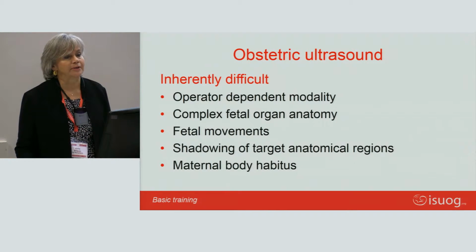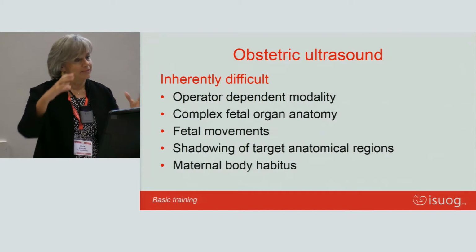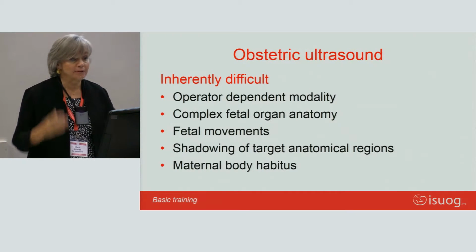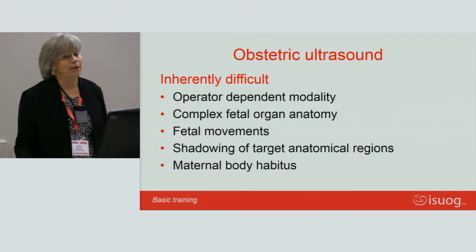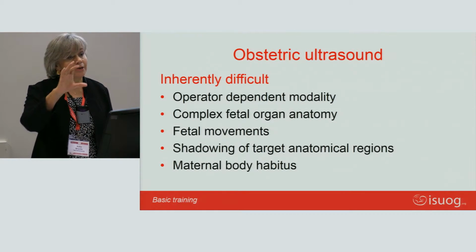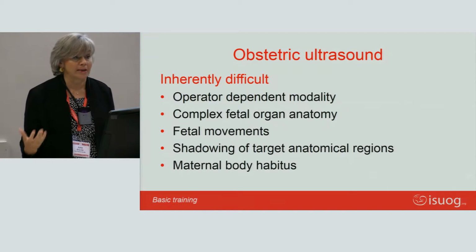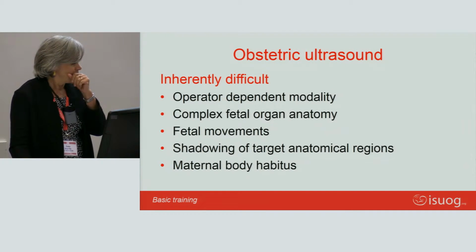Shannon gave some examples. For instance, you want to investigate the heart, but the heart is shadowed by the spine. If the fetus is lying with the spine anterior, you will not be able to get sufficient views of the heart, and you have to change your probe orientation in order to get as good a visualization of the heart anatomy as possible.